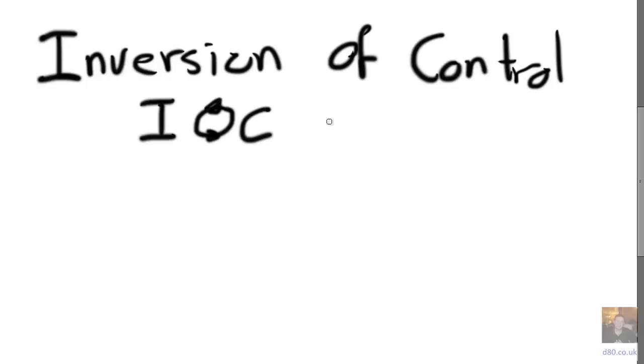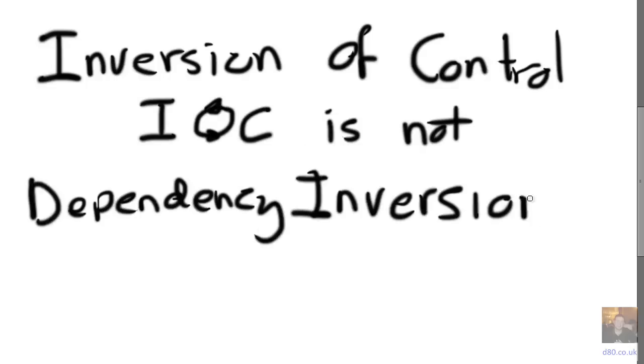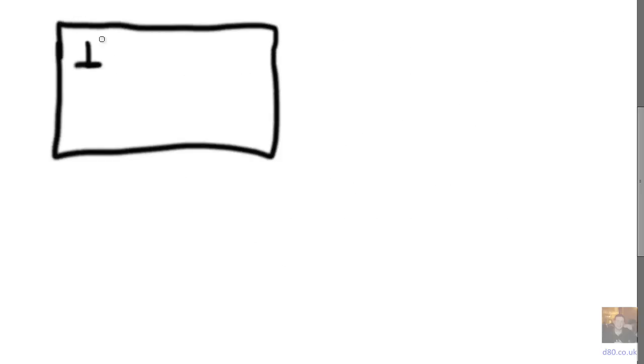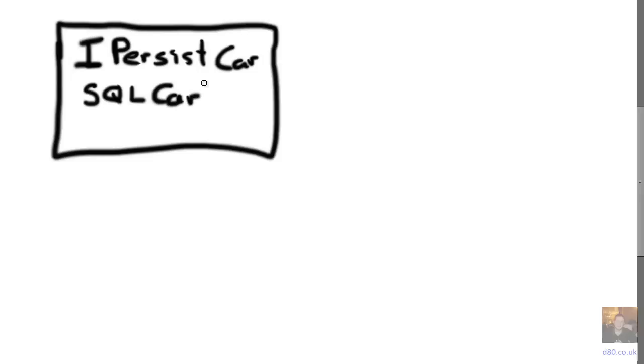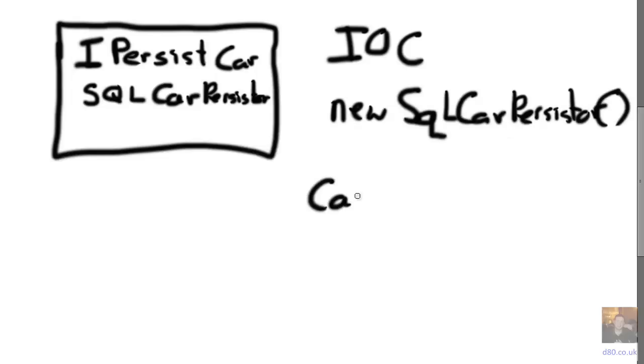Now people often get inversion of control mixed up here, because inversion of control is not dependency inversion, but it can be used to sort of enable it. So you can imagine that if you've got an IPersistCar and a SQLCarPersister in one DLL or assembly or library, an IoC container can create a new SQLCarPersister for you.